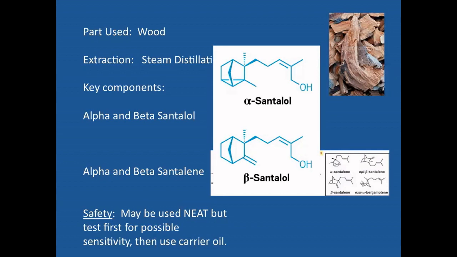You can have isomers that are left-handed and right-handed. You can have alpha and beta. And that basically is changed by how the different molecular components are organized and arranged, although the chemical formula is very similar, if not the same. It's just that beta and alpha determine how it's organized.